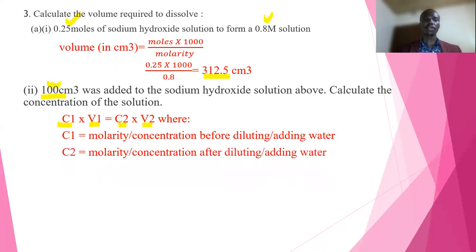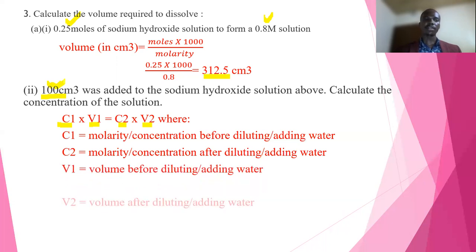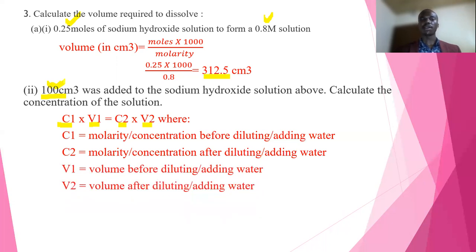Then the next one, C2, is the molarity after diluting, after adding this water. V1 is the volume before diluting, and V2 is the volume after dilution.